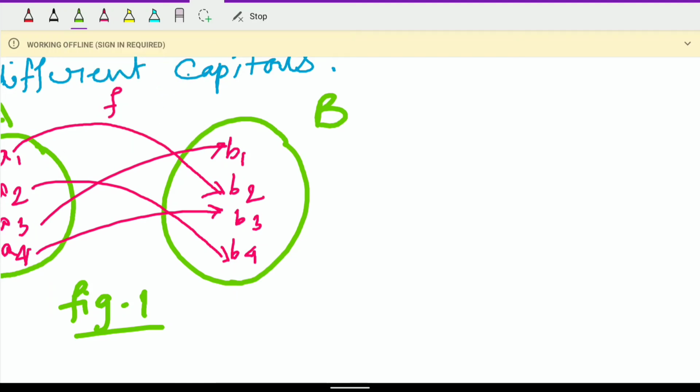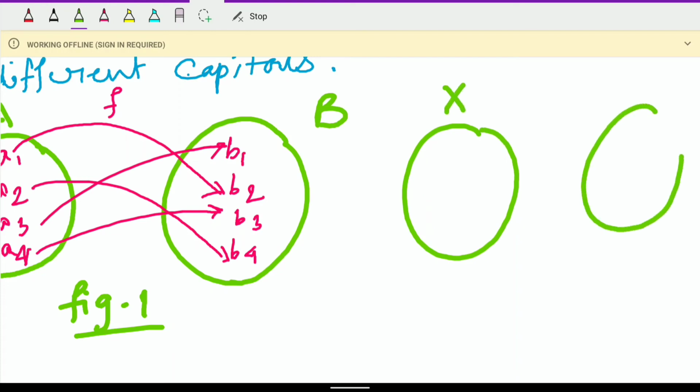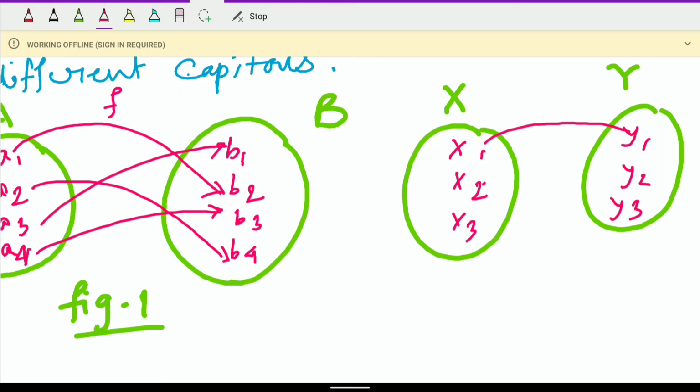So see, this is also X, and assume Y, and here I also write X1, Y1, X2, Y2, X3, Y3. Now here x1 and x2 both map to y1. Here the function is g, and x3 maps to y3. Okay, now this is the other figure.